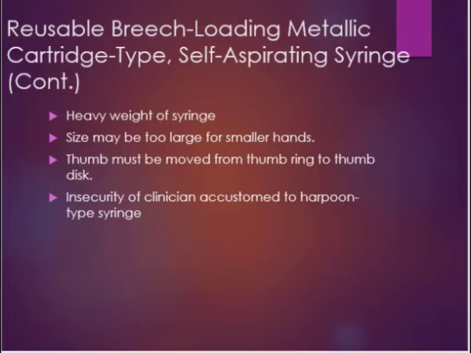Now the disadvantages, again: heavy weight of the syringe, size may be too large for smaller hands, thumb must be moved from the thumb ring to the thumb disc, and there could be insecurity of a clinician accustomed to the harpoon type syringe. So somebody who is used to and familiar with the harpoon type syringe may have a harder time with this self-aspirating syringe.